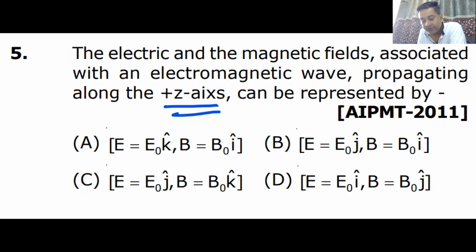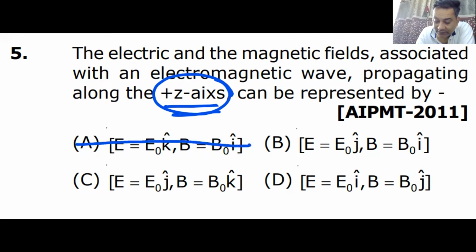Electric field and magnetic field must be perpendicular to the direction of propagation of wave. Wave is moving along z-axis. So electric and magnetic field must be along which plane? They must be along x and y planes. So option A and C goes.